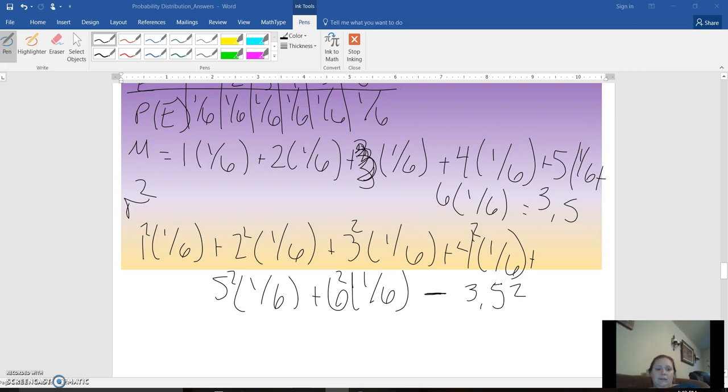So notice it's exactly the same, except I'm going to square those numbers. So I'm typing it in right now.